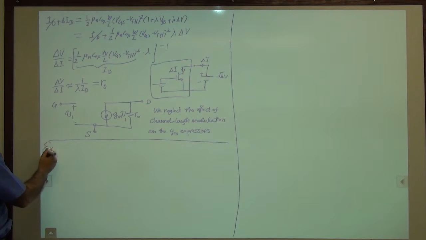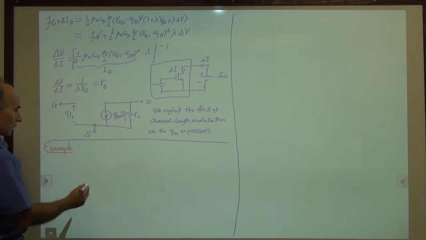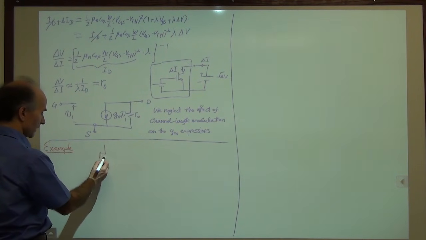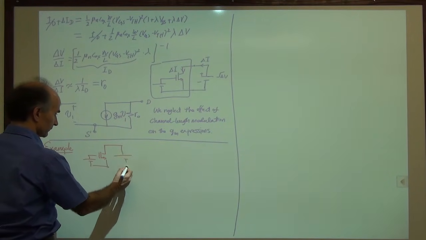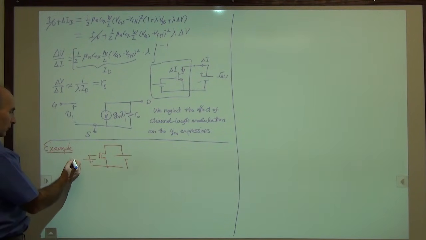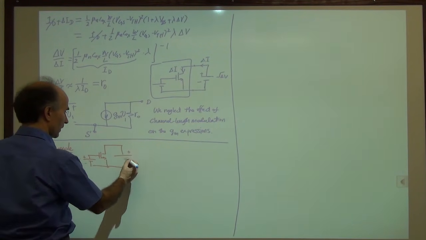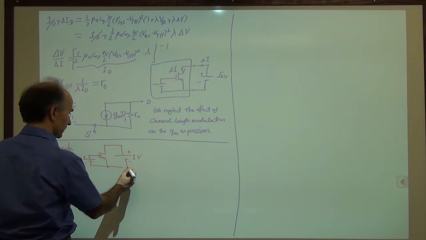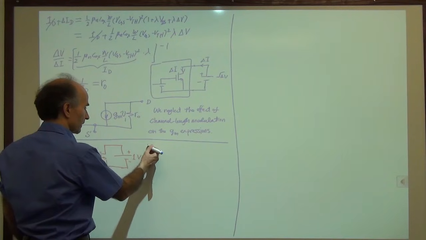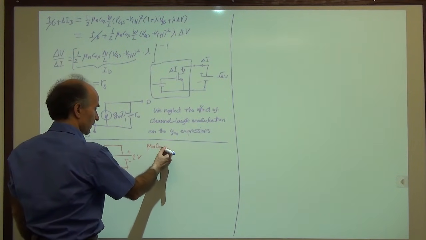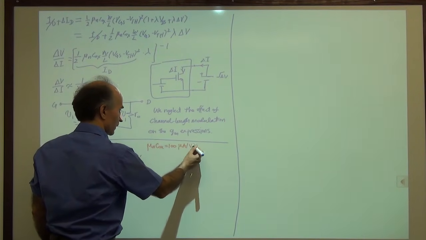So here's an example. Suppose we have a MOSFET like this, and I have biased it up. I have applied 1.2 volts between the gate and the source, and 1 volt between the drain and the source. And here are the parameters of the device. mu n Cox is 100 microamps per volt squared.